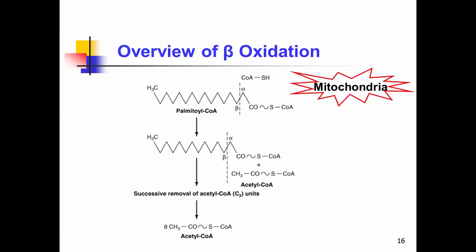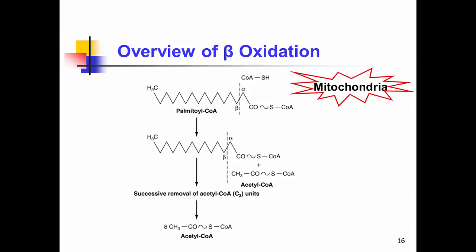It releases the 2 carbon unit, which is acetyl-CoA, right? And fatty acid oxidation also goes in cycles. Each cycle you release the 2 carbon unit acetyl-CoA, and a fatty acyl-CoA that is 2 carbons shorter, right?